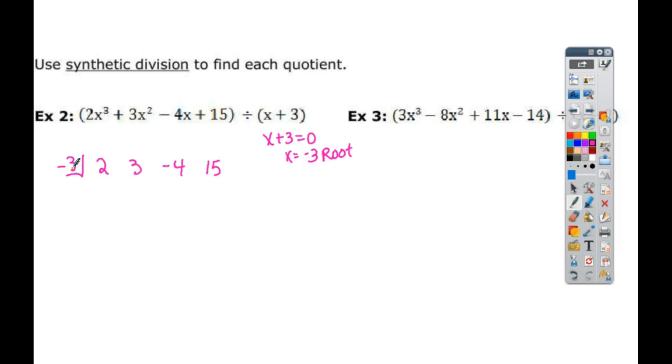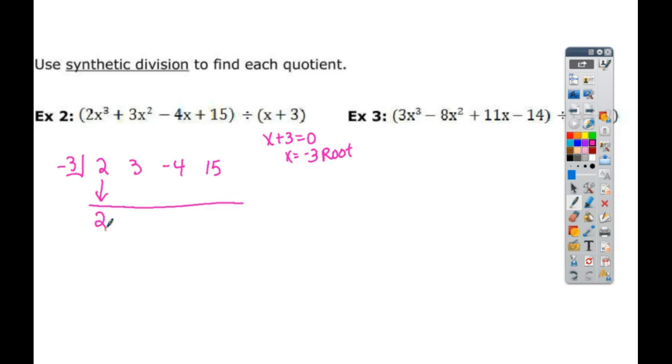I'm going to check the root. So I'm going to leave a little bit of room right here and draw a line. So the first thing you do after you find the root is bring down the 2. So once all this is written, there's only 2 steps.